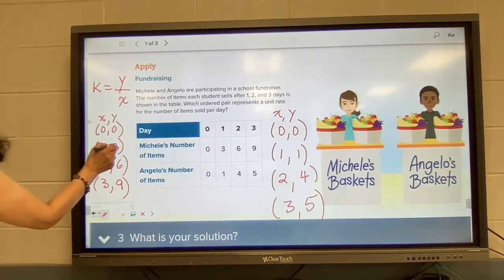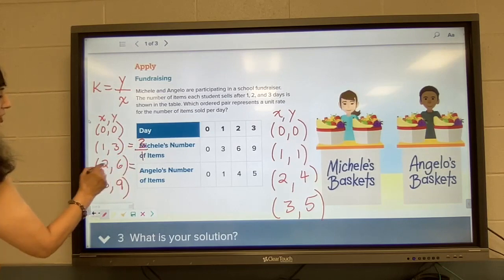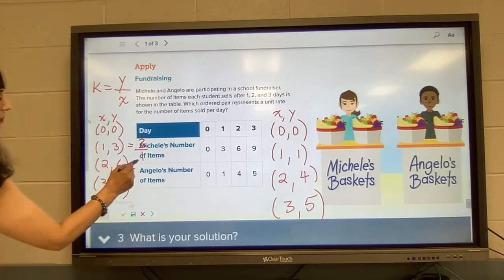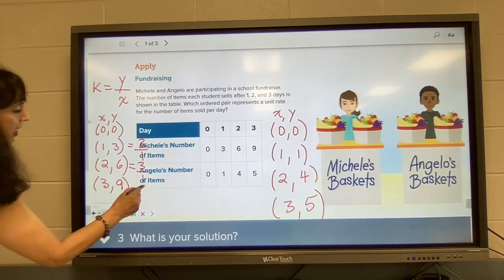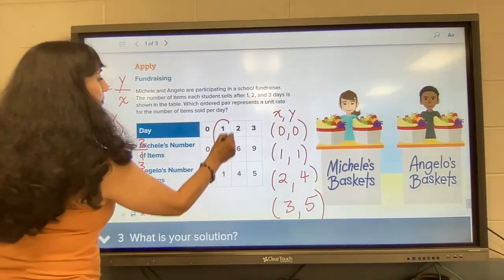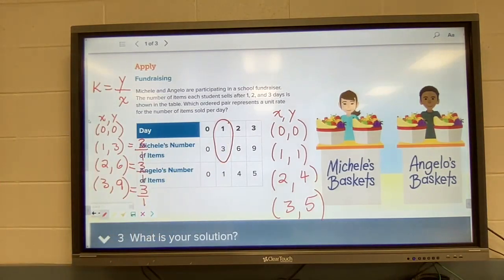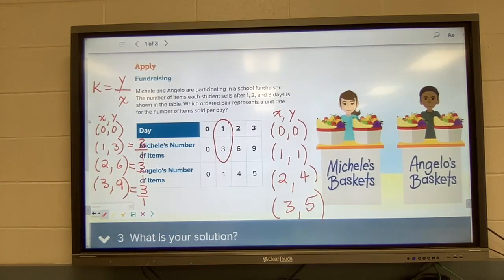So 3 divided by 1, what do I get? 3 over 1. 6 divided by 2 gives me 3 over 1. 9 divided by 3 again gives me 3 over 1. So therefore, which ordered pair represents a unit rate? It would be this, right? (1, 3), where x is 1 and y is 3, and that would be my unit rate.